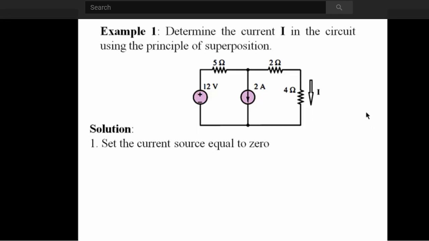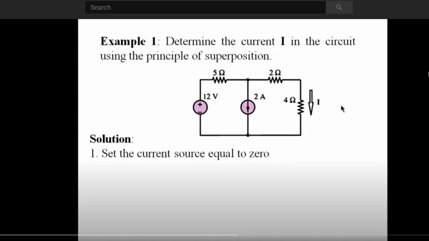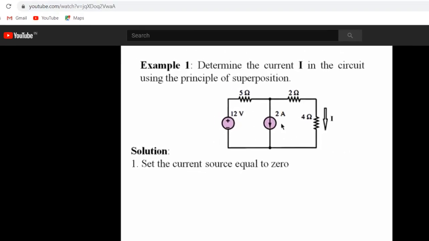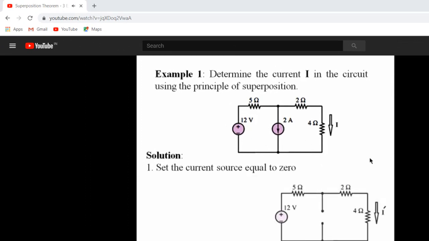Example 1. Determine the current I in the circuit using the principle of superposition. At the beginning, we are going to set the current source equal to 0, and we obtain this circuit diagram. The current source is set to 0 by replacing it with an open circuit.